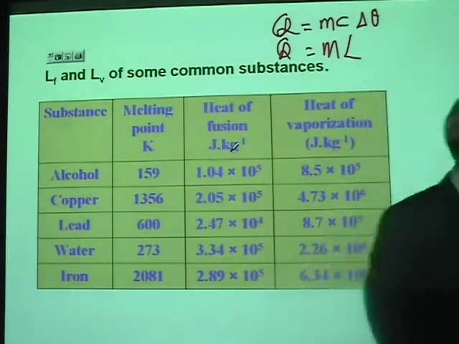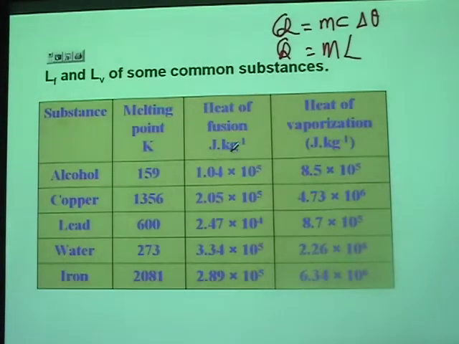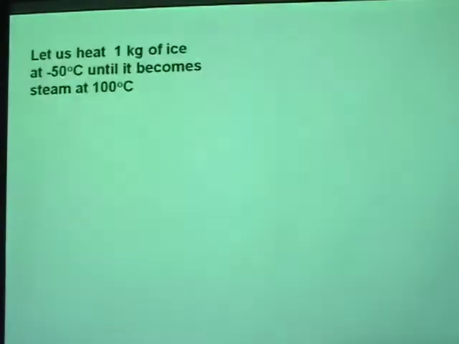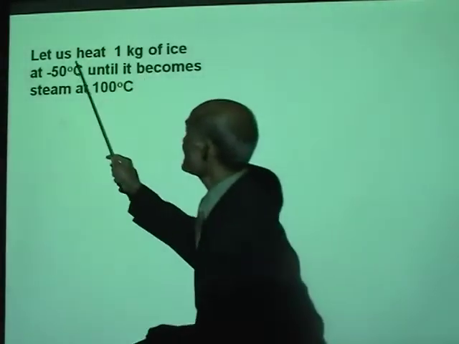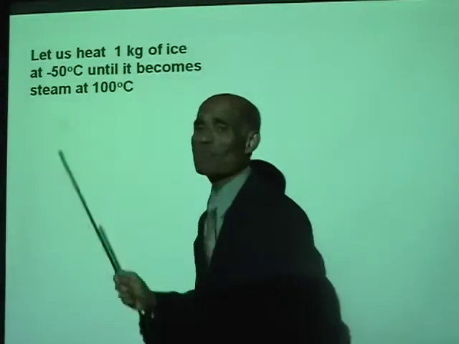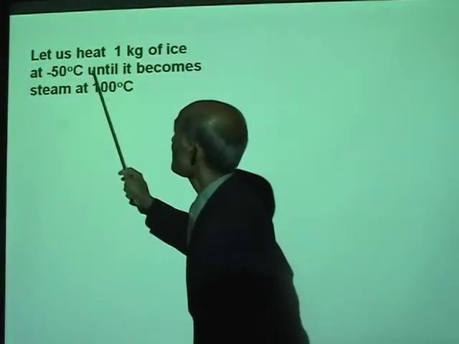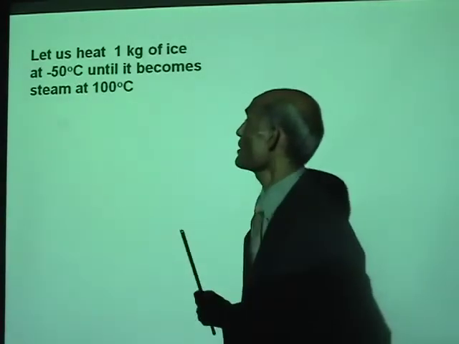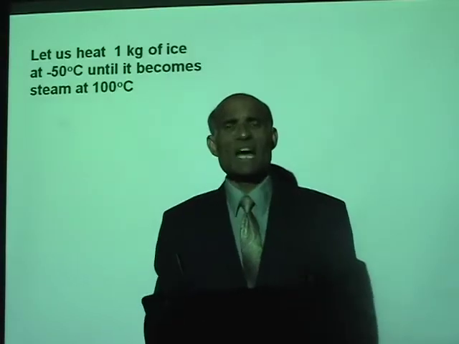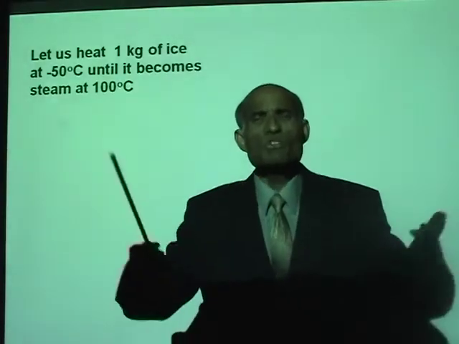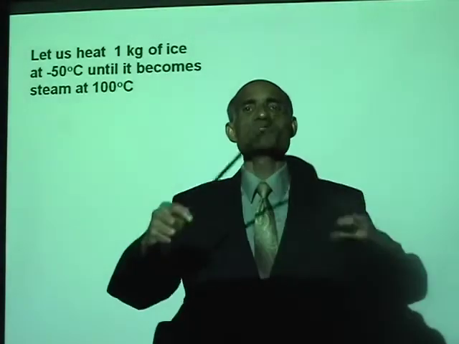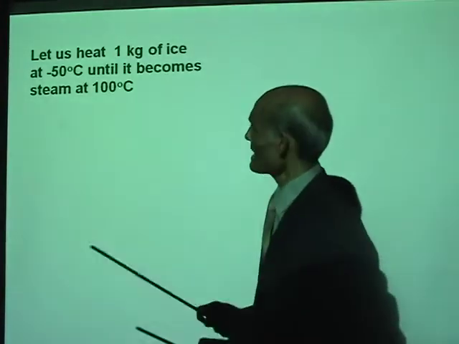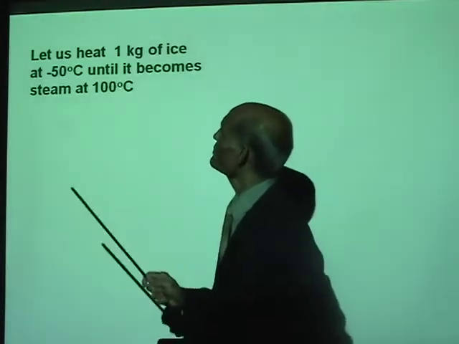Alright, let's now go and look at more of heat calculations. Let's now heat 1 kilogram of ice at minus 50 degrees Celsius until it becomes steam at 100 degrees Celsius and see how much amount of heat is absorbed during this process. Tell me, what is the first thing that we're going to consider?